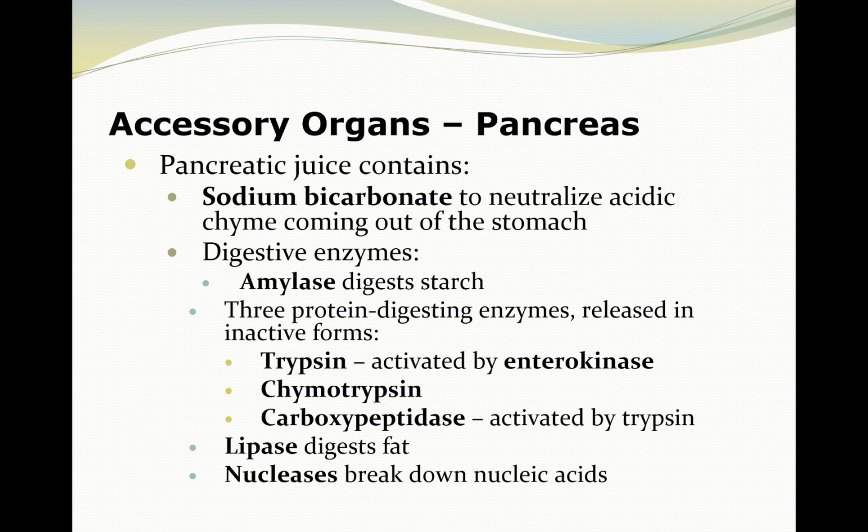And then for the protein digesting ones, those are going to be trypsin, chymotrypsin, and carboxypeptidase. Trypsin is activated by enterokinase, chymotrypsin, and then carboxypeptidase, it says, is activated by trypsin. And then the lipase will be what digests fat, and the nucleases will break down nucleic acids.